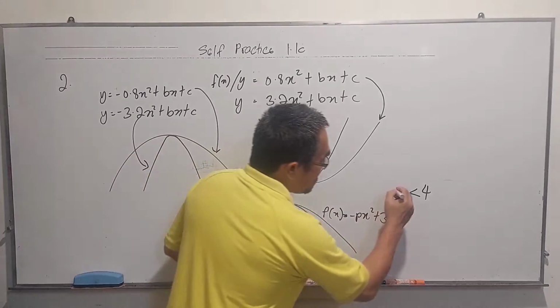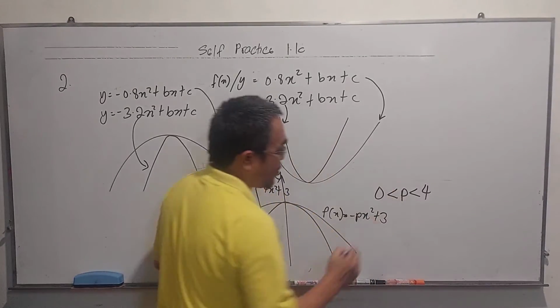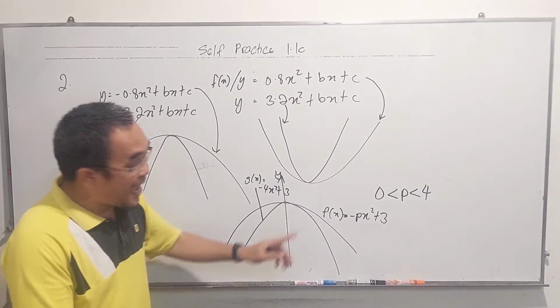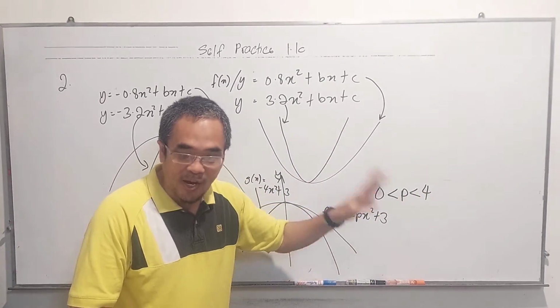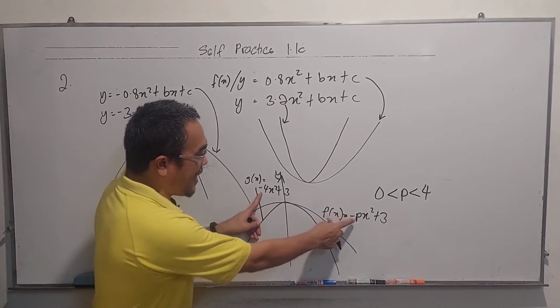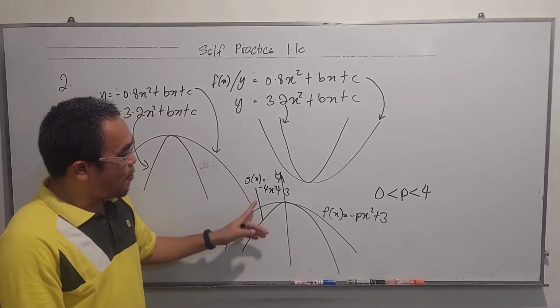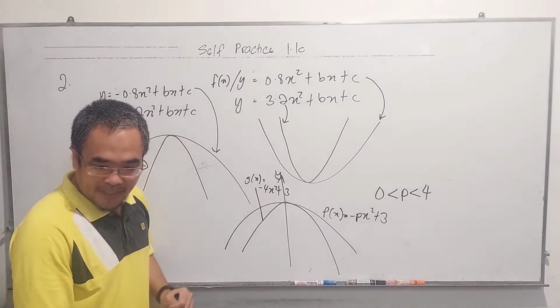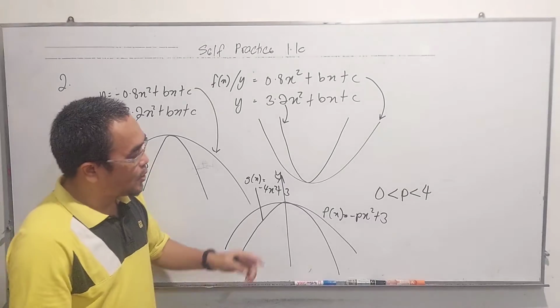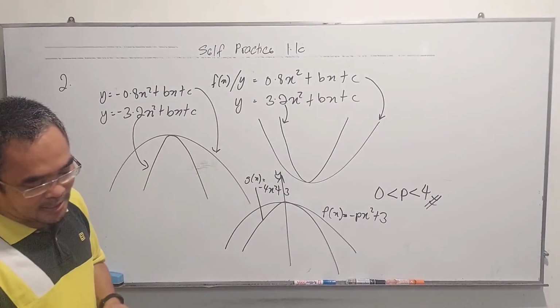So P has to be bigger than 0. It has to be ranged like this. Now what you have to remember is that we eliminate the negative, so between P and 4, 4 is larger than P. Okay, so the answer for question 2 is this.